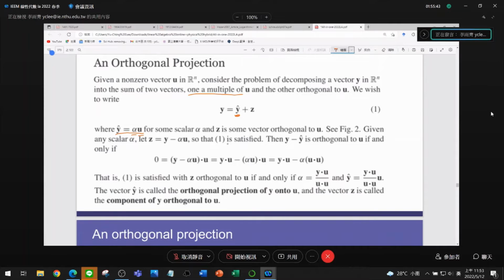Since y hat is on the line with the direction of u, it can be expressed as a multiple of u. So we can express y hat as a scalar alpha times the vector u for some scalar alpha.